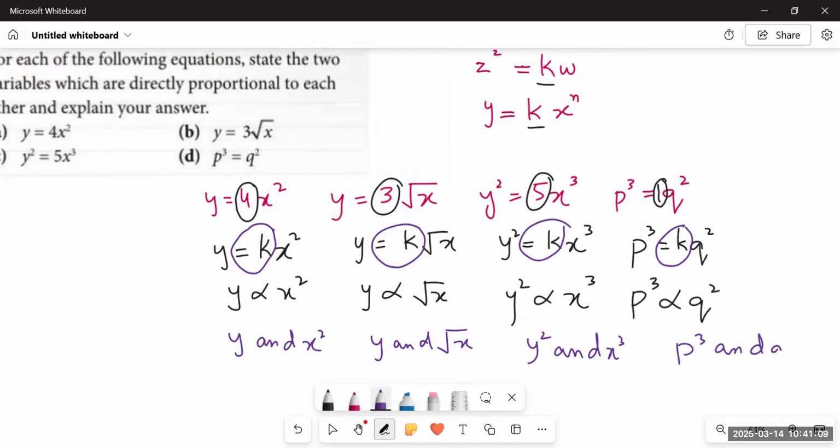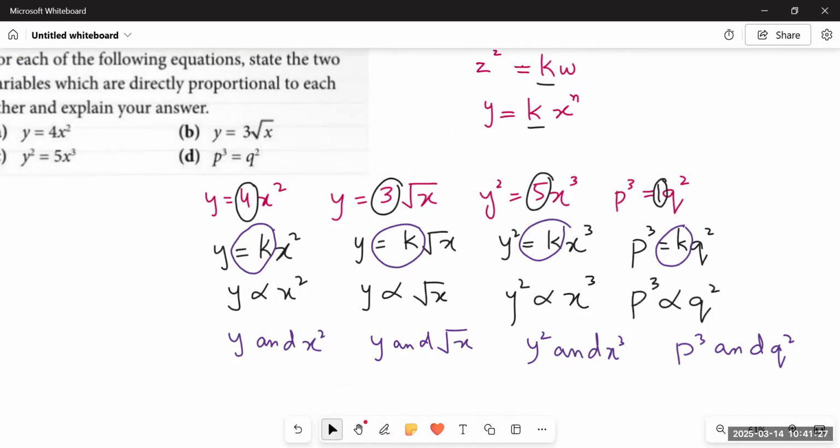It's that simple. You just have to figure out what is the variable that could be the constant out there, and then you just have to replace it with the proportion sign, and then you can easily figure out what would be the two variables which are directly proportional to each other.